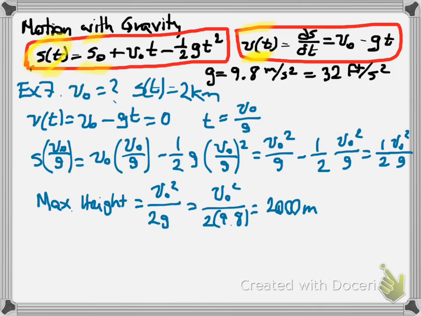That means the initial velocity will be the square root of 2 times 9.8 times 2000.